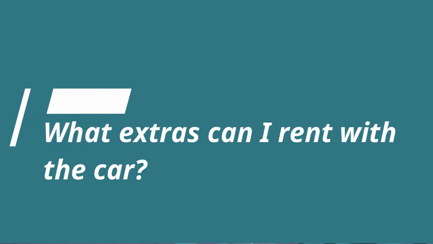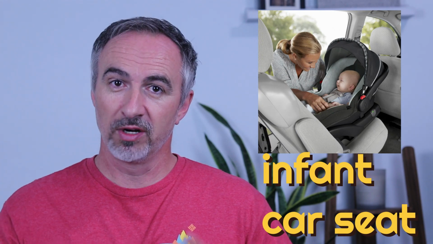What extras can I rent with the car? Well, if you have children, you can normally rent a car seat. There are 3 different types of car seat you can normally rent. So there's the infant car seat, which is a rear-facing car seat for a baby.